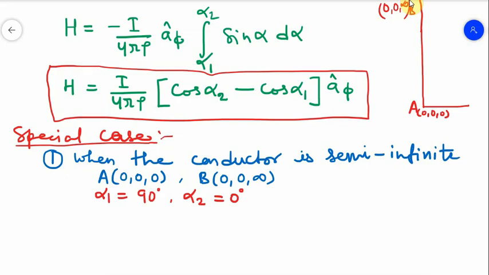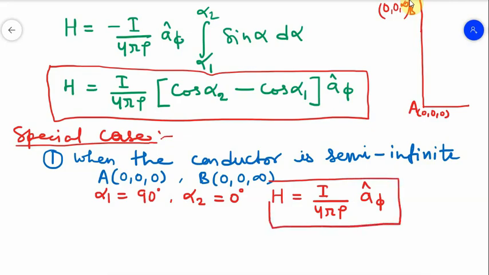So what will be the value of H? So this H will be how much? I upon 4 pi rho and this a phi. Okay, this will be your H.